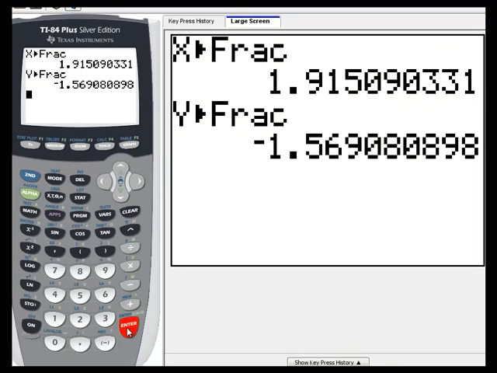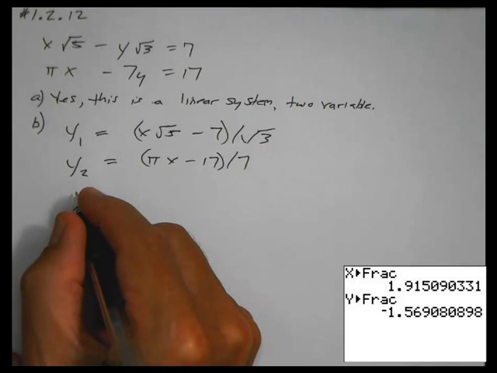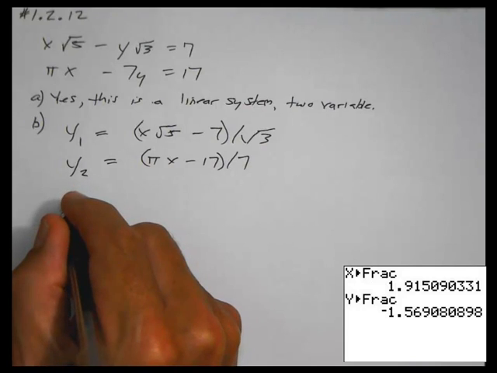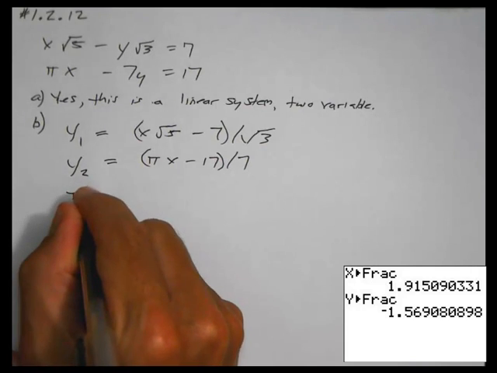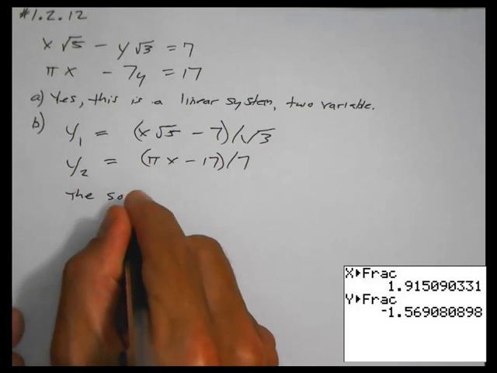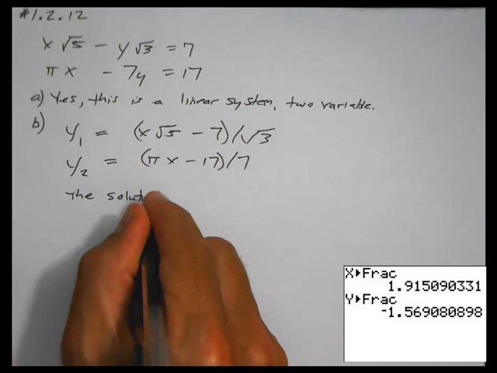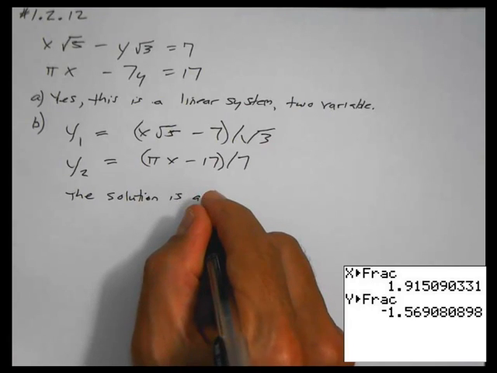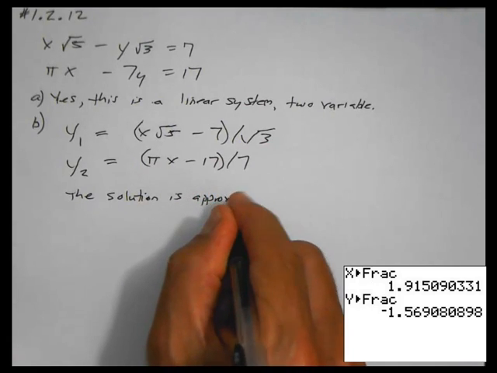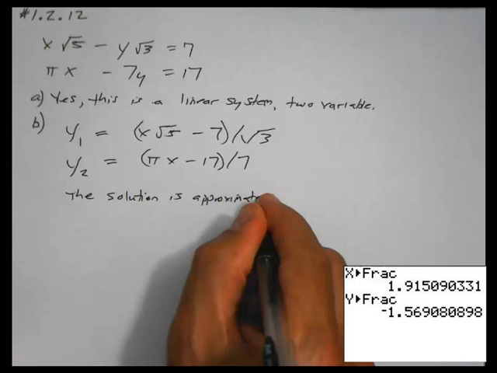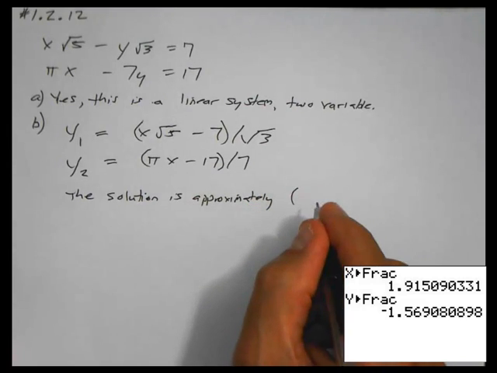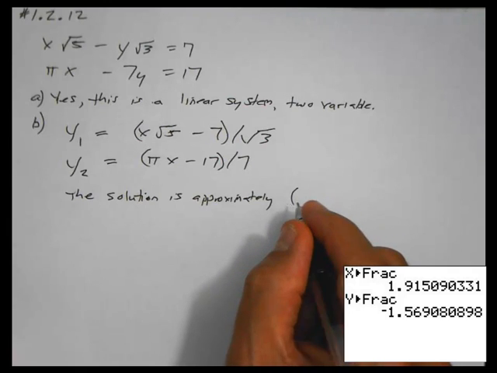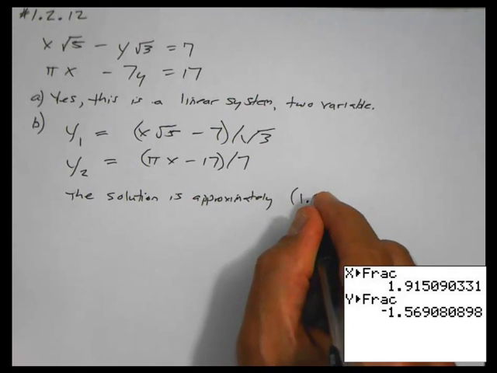Okay, let's try to explain that. So here, to record what we're going to be able to say for the solution, we'll need to say that the solution is approximately, rounding to 3 significant digits. For the x-coordinate, we have 1.9.